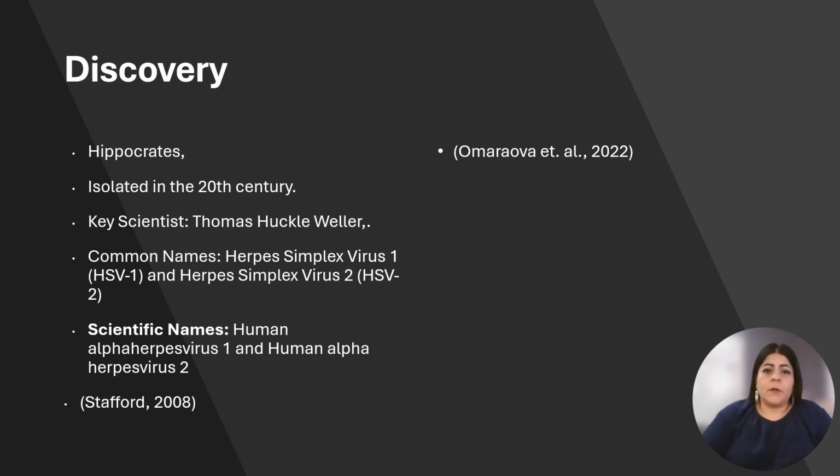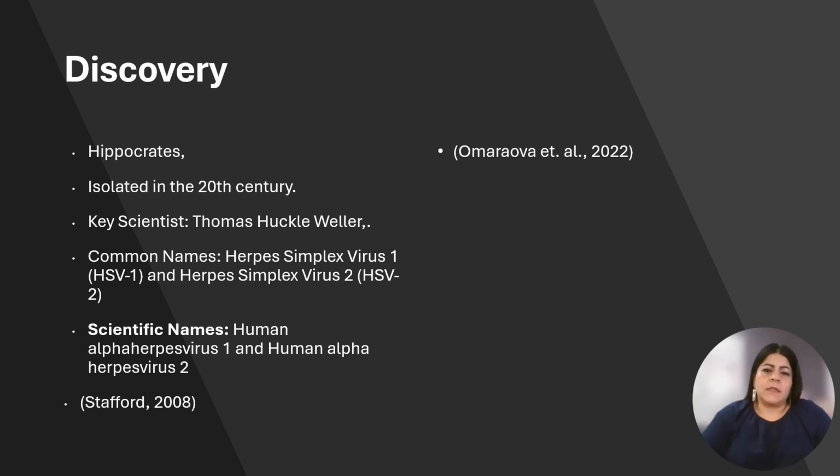The herpes simplex virus was first described by Hippocrates, but the virus itself was isolated in the 20th century. The herpes virus was named by the Greek physician Hippocrates, who used the term herpes to describe the vesicular lesions that appeared near each other.